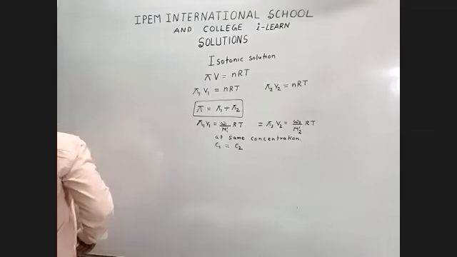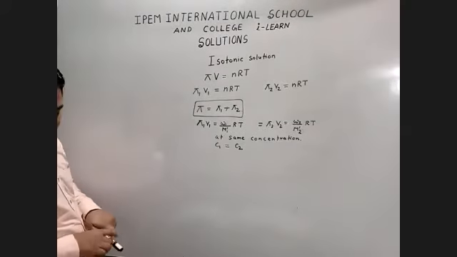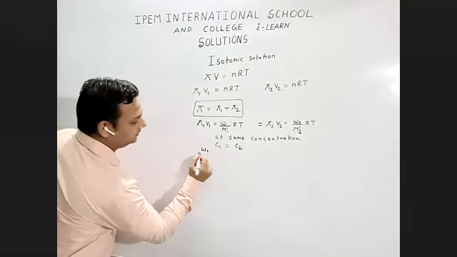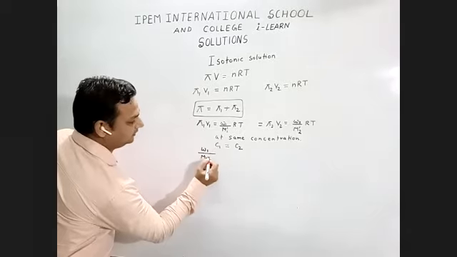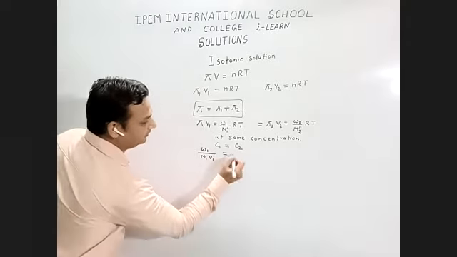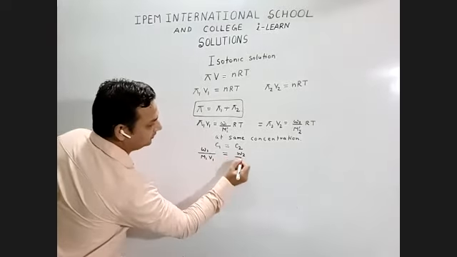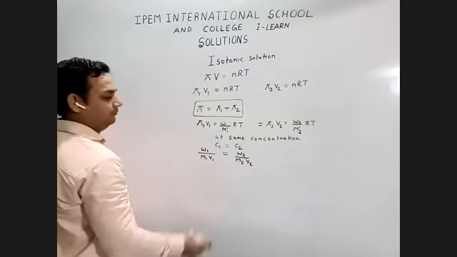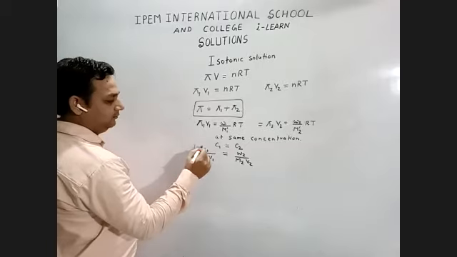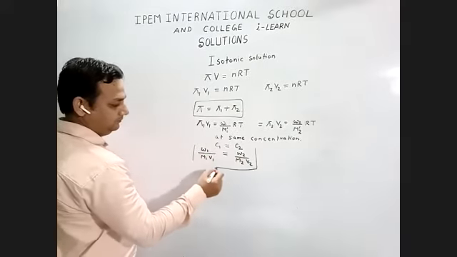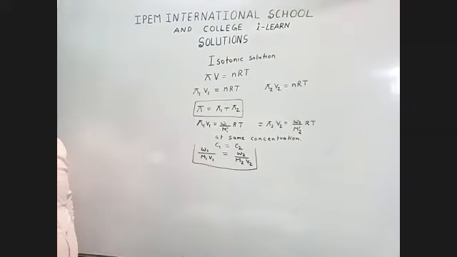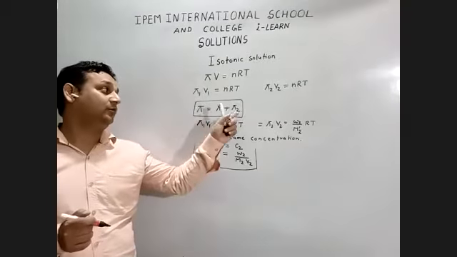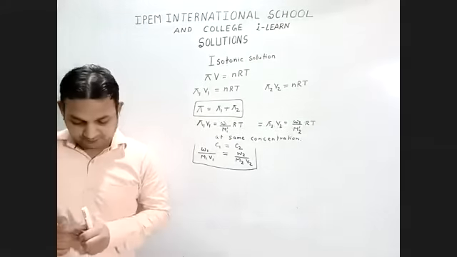When they have given C1 is equal to C2, we will have W1 by M1 V1 is equal to W2 by M2 V2 for an isotonic solution. And from here you can calculate the total osmotic pressure, that is pi 1 plus pi 2.